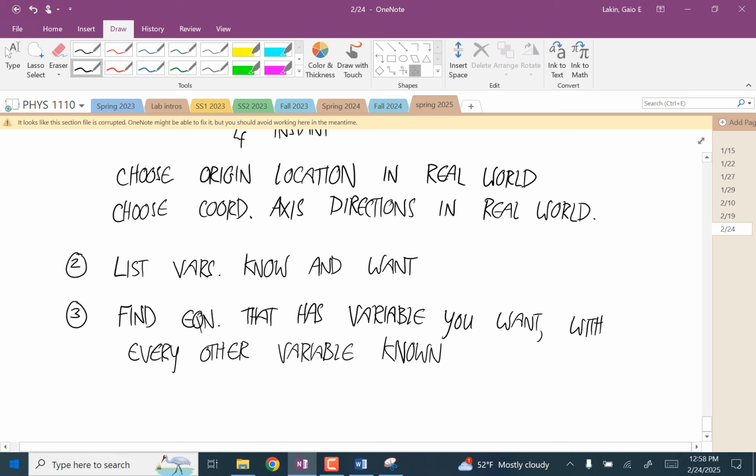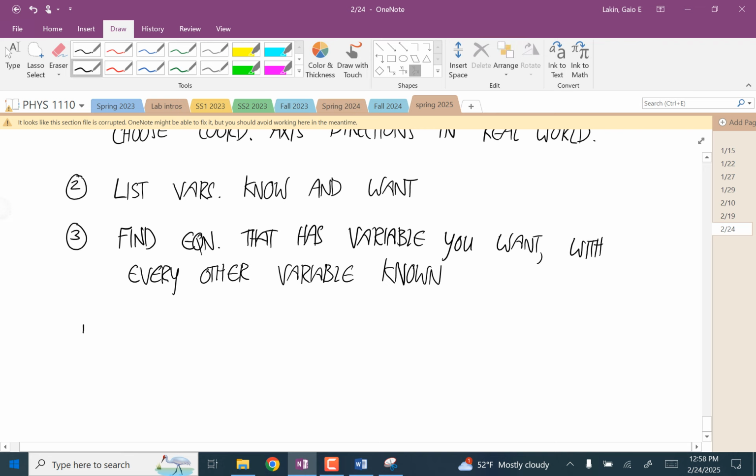And in 1D, if you couldn't find an equation that works, what did you have to do? This was the one I had in parentheses before. Sometimes you have to do this, hopefully not, but this was if no equation works.